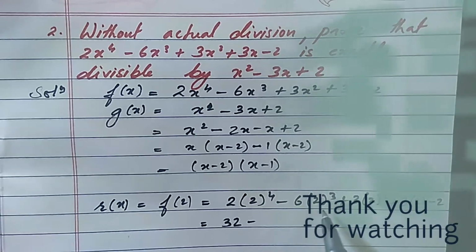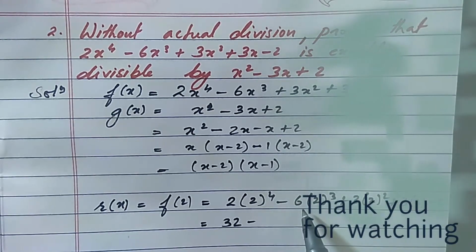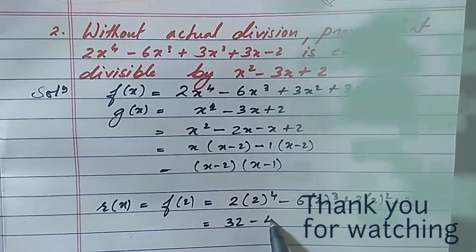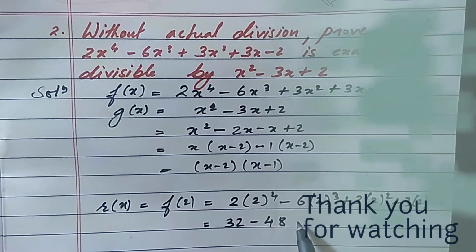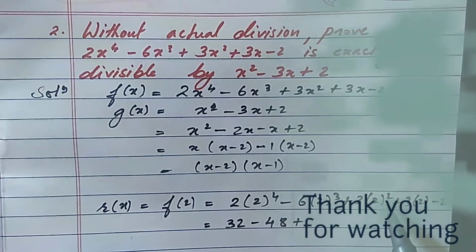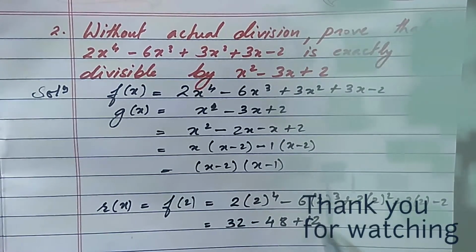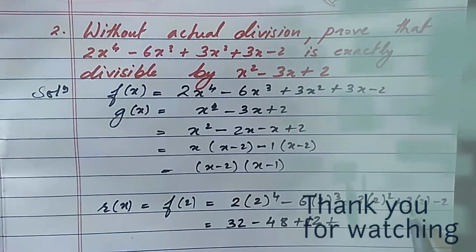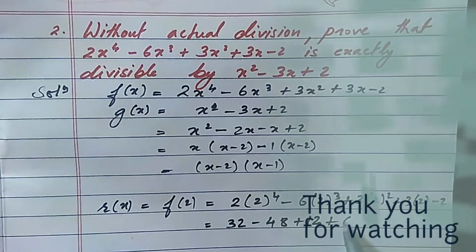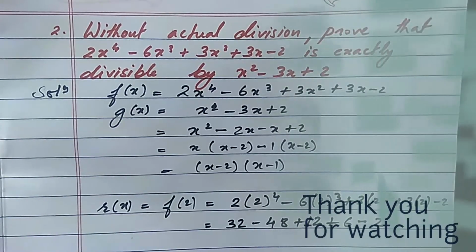Then 2 cubed into 6 will give me 48. Then 2 squared into 3 will give me 12. Then 3 into 2 will give me 6, minus 2.